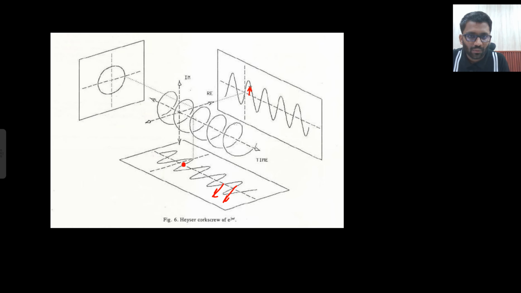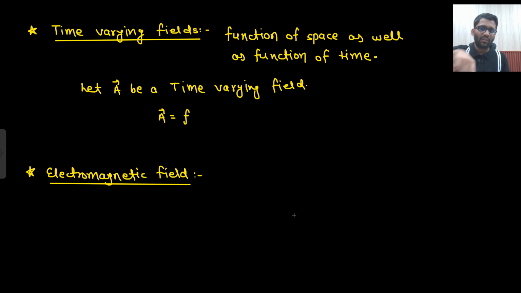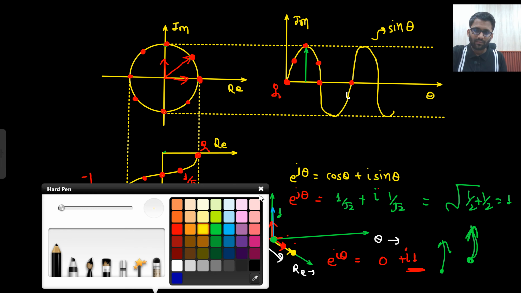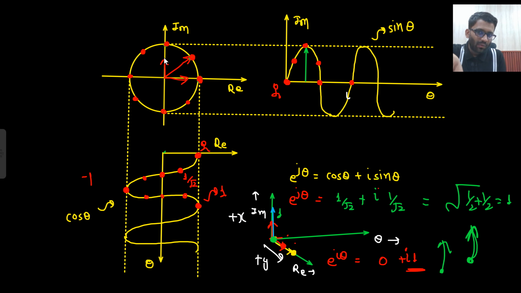I am showing 1 by root 2. So on the imaginary axis 1 by root 2, and on the real axis you were at -1 by root 2. So what was the equivalent? This was the equivalent.